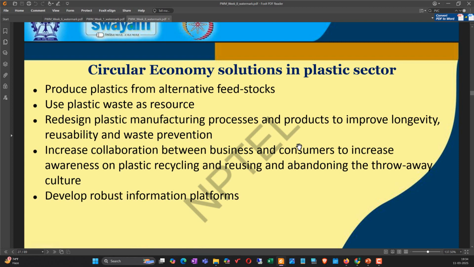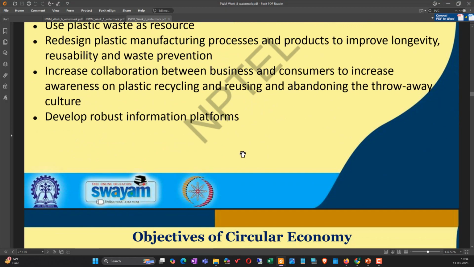There are plastic manufacturing processes and processed products to improve longevity, reusability, and waste prevention. And then increasing collaboration between business and consumers to increase awareness of plastic recycling and reusing, and abandoning it through agriculture, right?